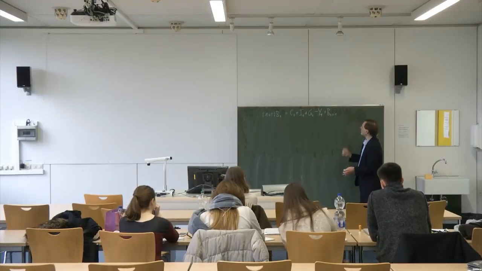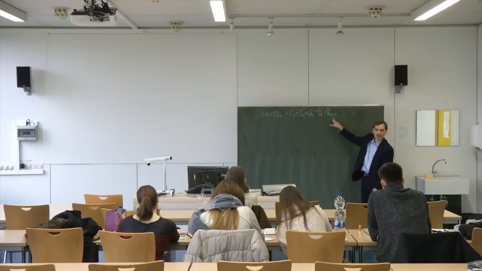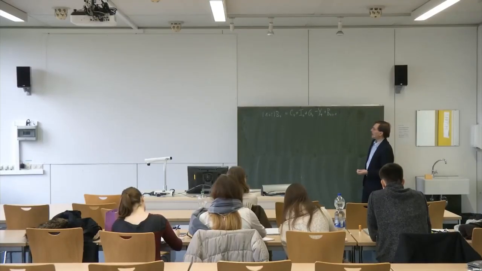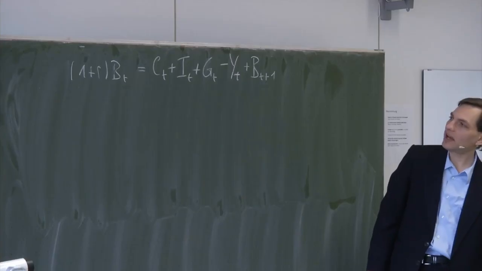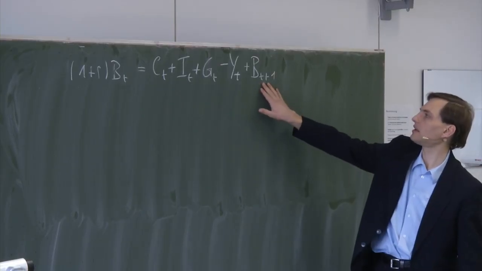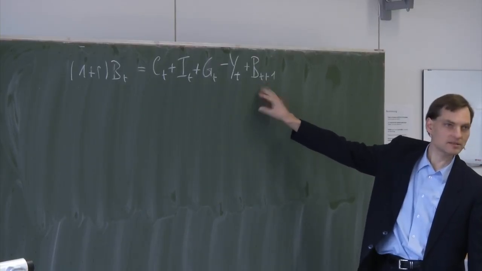So how can we maybe eliminate this future net foreign assets? Can we eliminate this B_{T+1}? And now I will show you a kind of trick how to argue that we can really eliminate this.